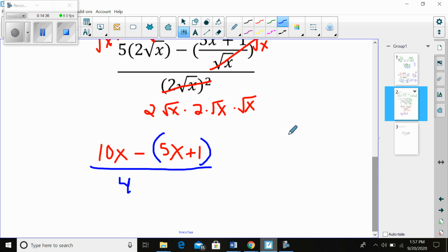And then maybe I think of x, instead of radical x, how about I think of it as x to the half? And then I have x to the half times x to the half times x to the half, or in other words, x to the half cubed. So I could either think of multiplying, right? Because if we have this situation, we multiply the exponents.